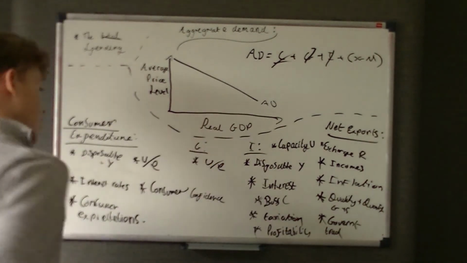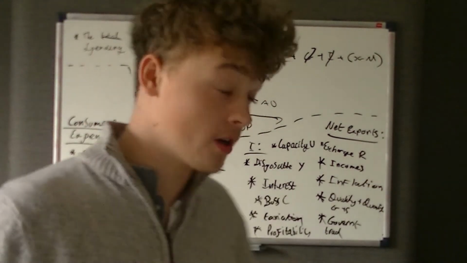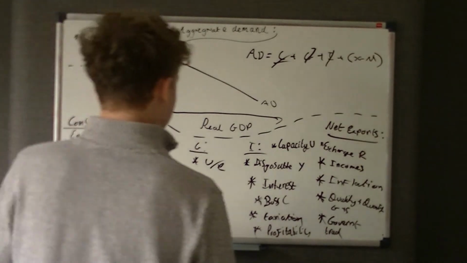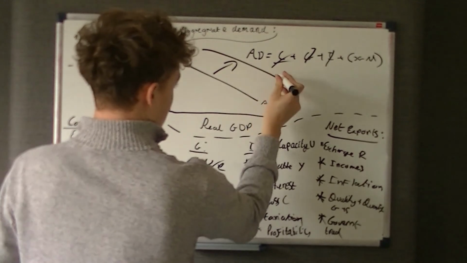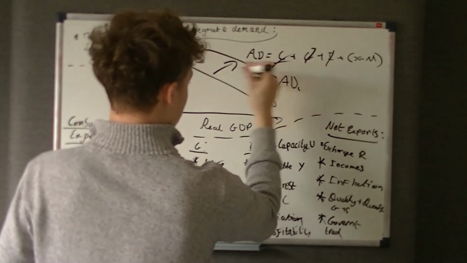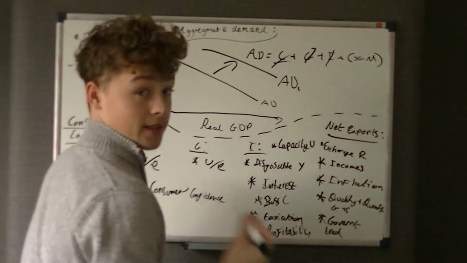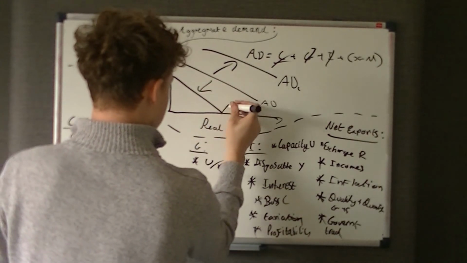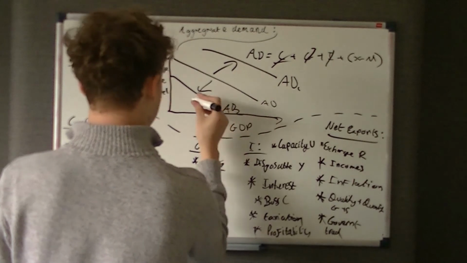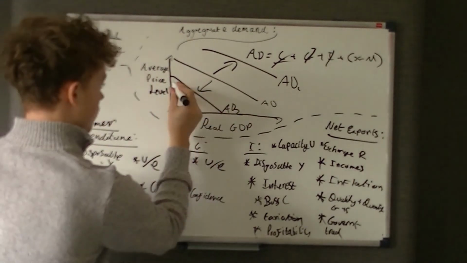Now, all these have effects on the aggregate demand curve. So if they increase, then aggregate demand will increase, so it shifts outwards to AD1, which means the price increases and the quantity demanded increases. However, if these decrease, then we have AD2, and now price decreases and quantity demanded decreases.